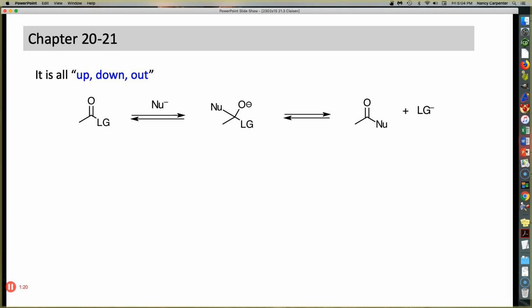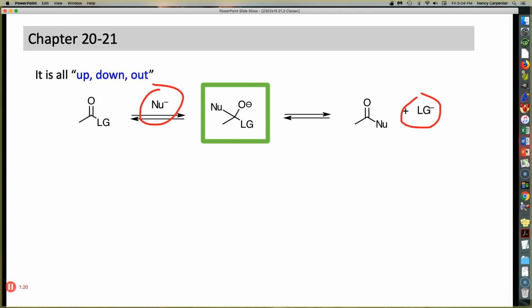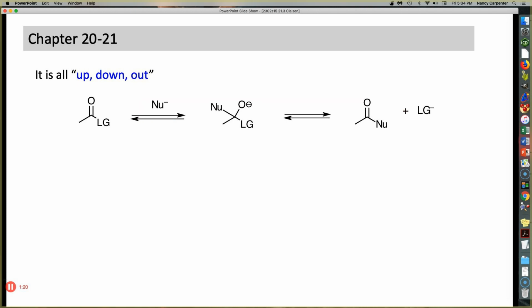Always going through our friendly tetrahedral intermediate as shown here, and balancing the reversibility of all these reactions, looking at the equilibrium between kicking out that anionic leaving group in this example and comparing that to the stability of the incoming nucleophile as an anion. So what can we do to summarize what we've learned so far?